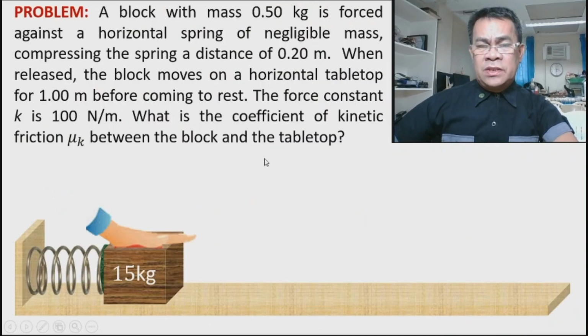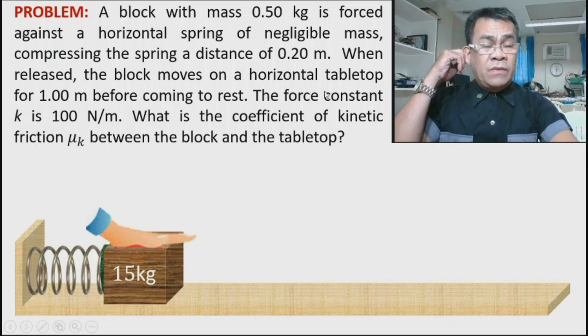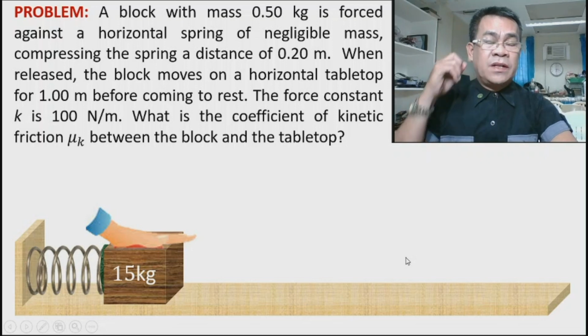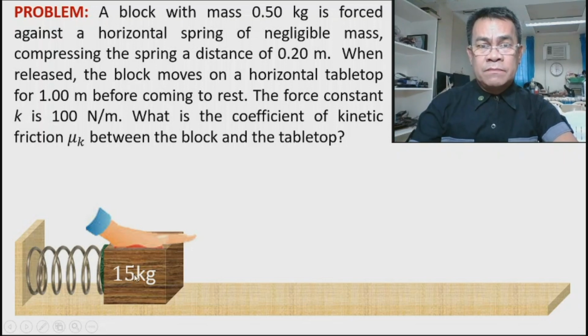Okay, so in order to understand, let's apply this to a problem, and we will solve it using the conservation of energy. Look at this one. The problem says that we have a block of 0.5, sorry, this should be 0.5 kilograms. Change this to 0.5 kilogram.